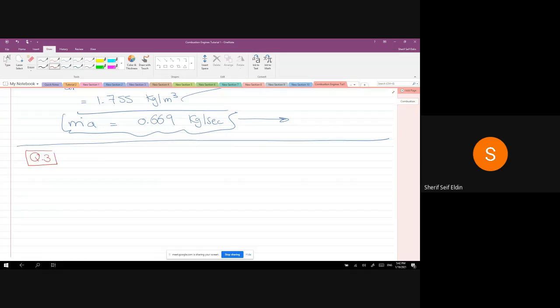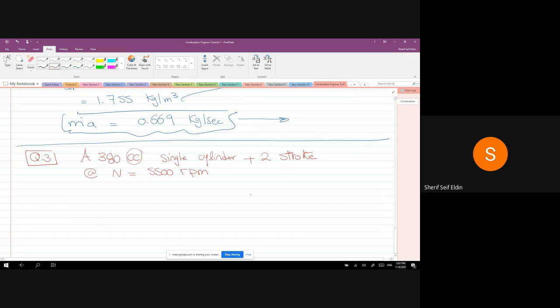So question number 3 is a single cylinder, 2-stroke engine, single cylinder with 380 cc, two-stroke. Do you know what is cc? This engine is running at an RPM of 5500.